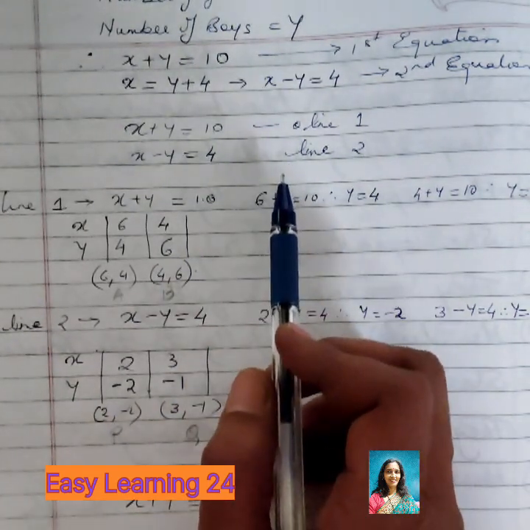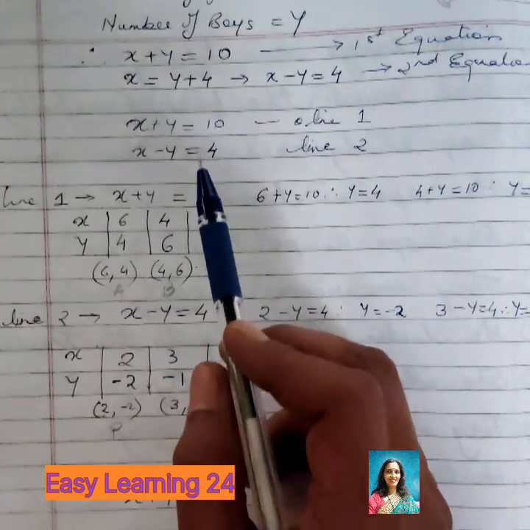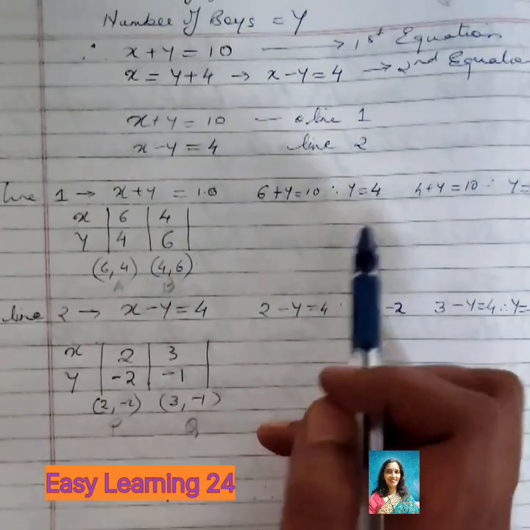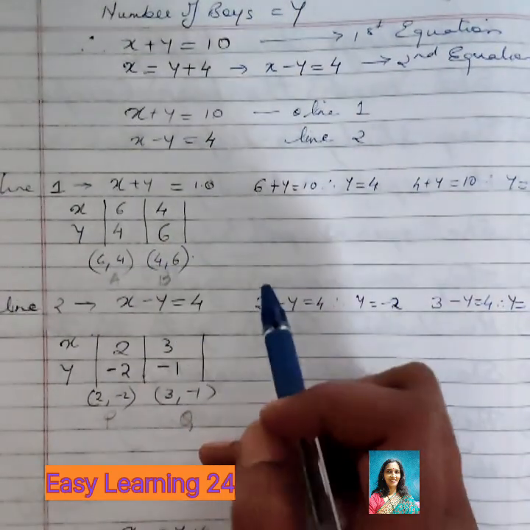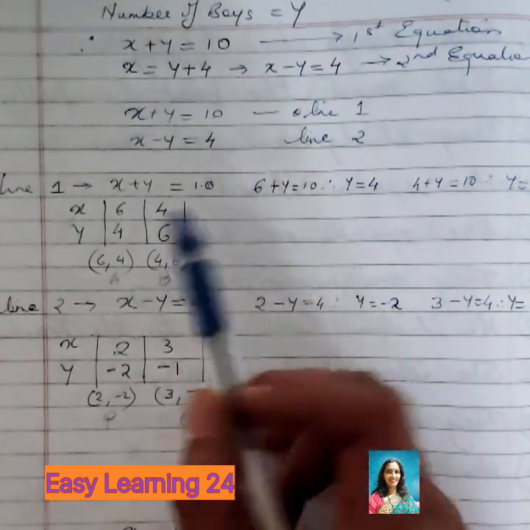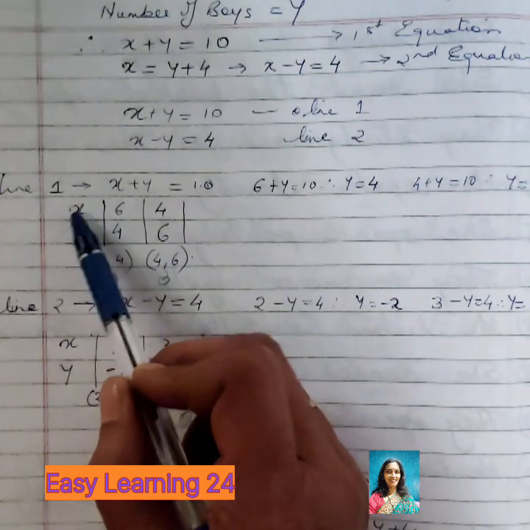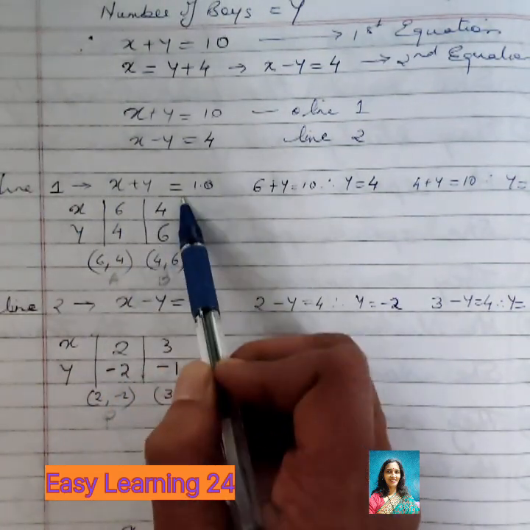Okay, and each point contains correspondingly a number on x-axis and on y-axis. One number on x-axis and one number on y-axis, that will make 1 point. So like this we need 2 points to make this line. So x and y. Now this is 1 point and this is the second point.